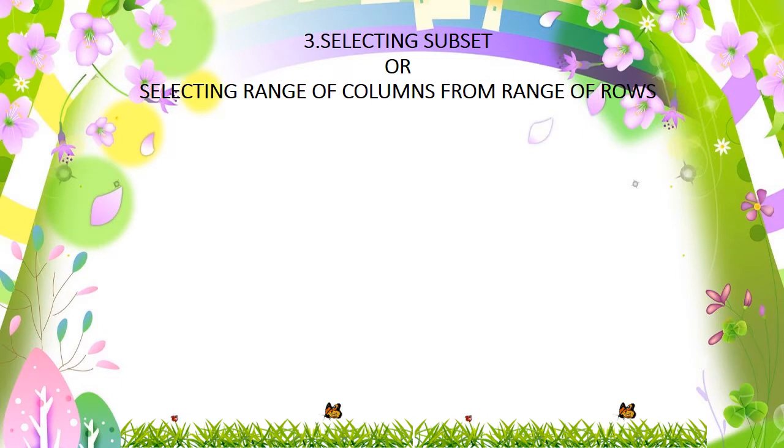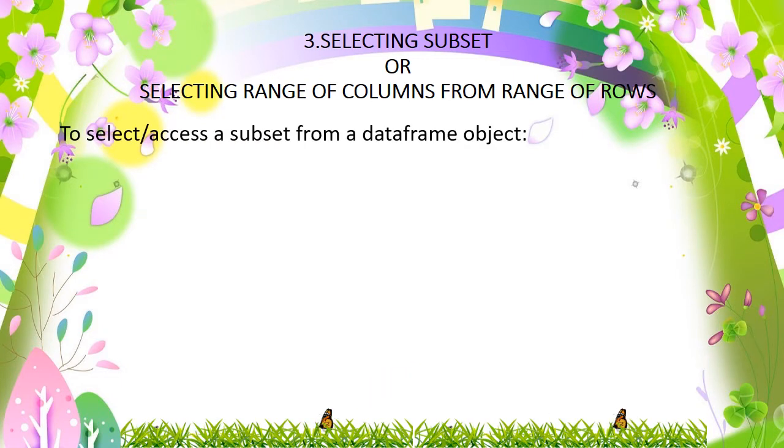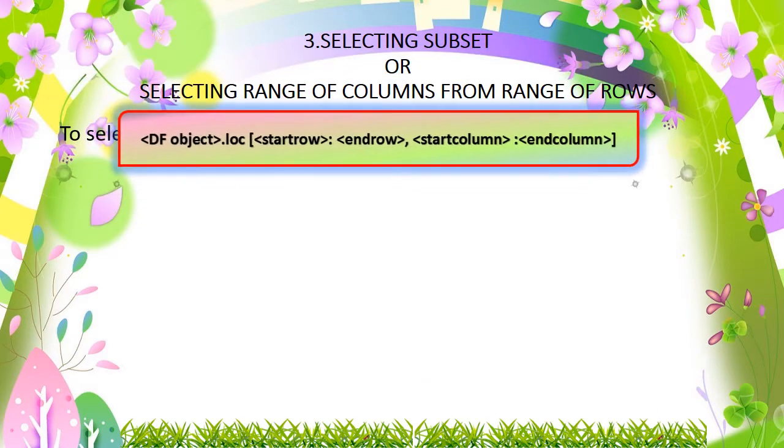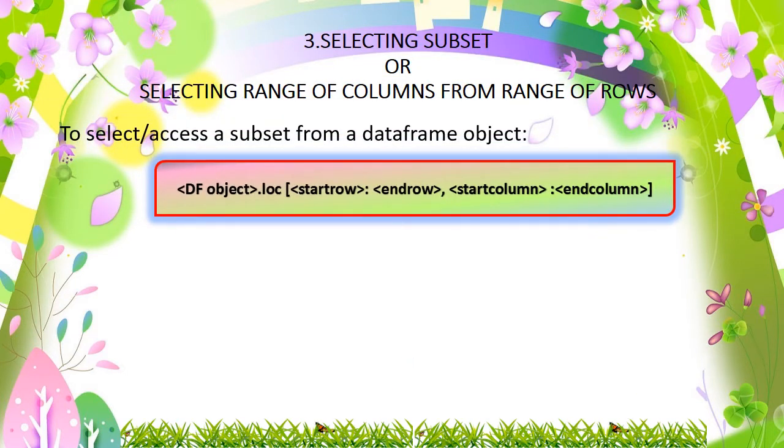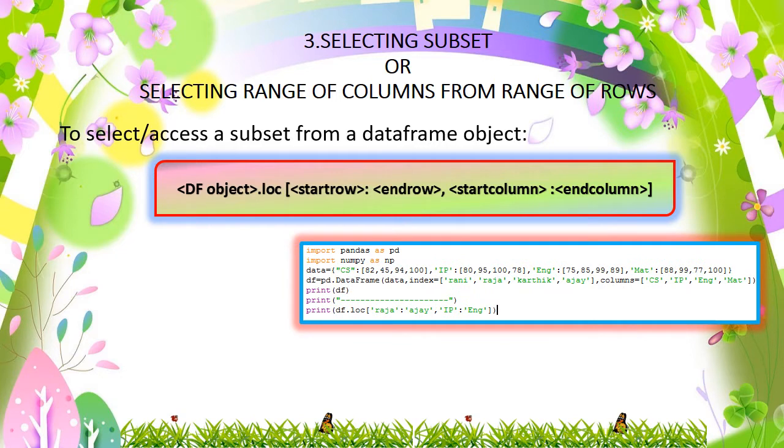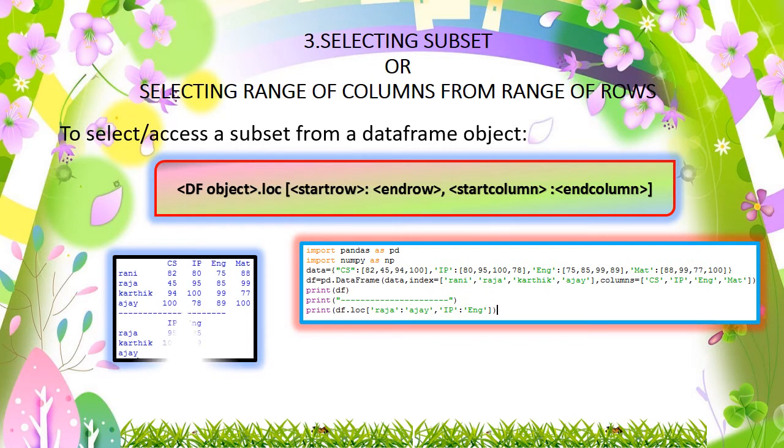To select a subset, or we can say a range of columns from a range of rows, we can use this formula: data frame object LOC square bracket starting row colon ending row comma start column colon end column. So consider this data frame.